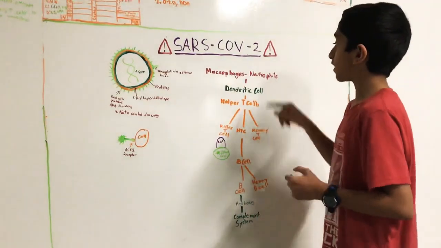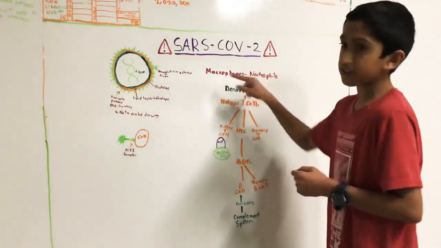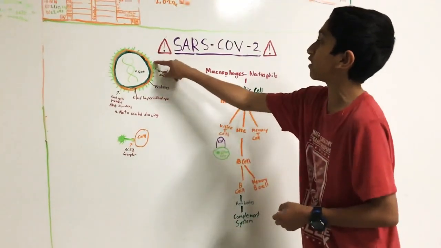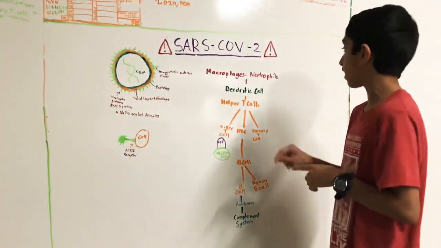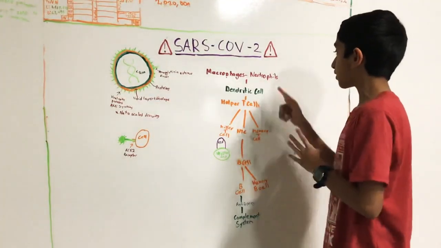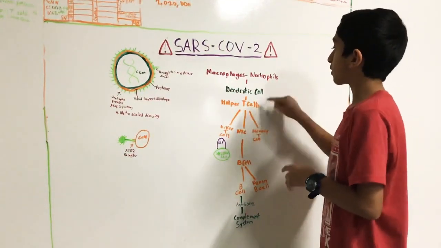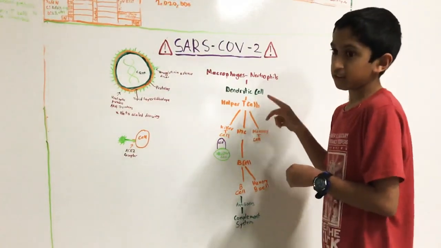And next we have the dendritic cells. The macrophages actually sometimes present some of the antigens or the viral S proteins, and what they will do is they will take that, and dendritic cells will go to helper T cells.